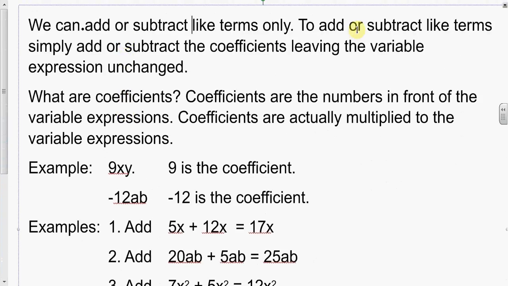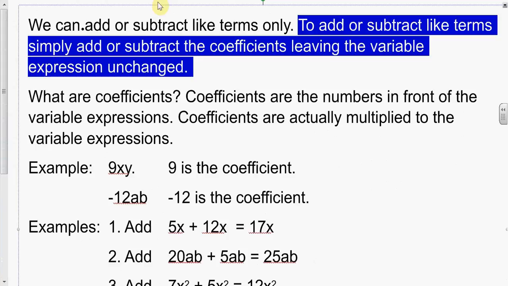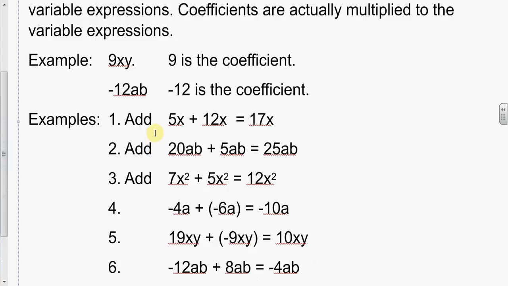So we have that statement here. To add or subtract like terms, simply add or subtract the coefficients, leaving the verbal expressions unchanged. Let's underline that. So here if we add 5x plus 12x, they both have an x in them, so we add the coefficients. 5 plus 12 is 17 times x.